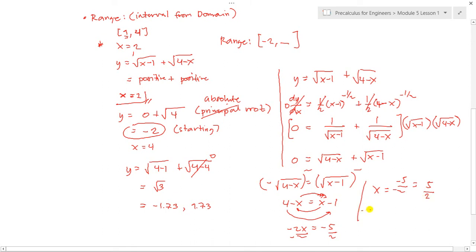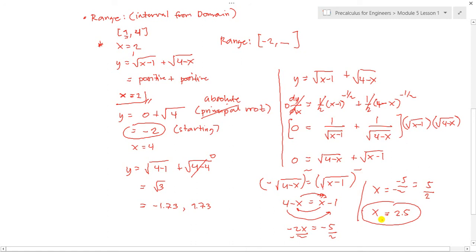And I think 5 halves is exactly 2.5. Yes, that is 2.5. So when x is equal to 2.5, we can achieve the maximum value of our y.